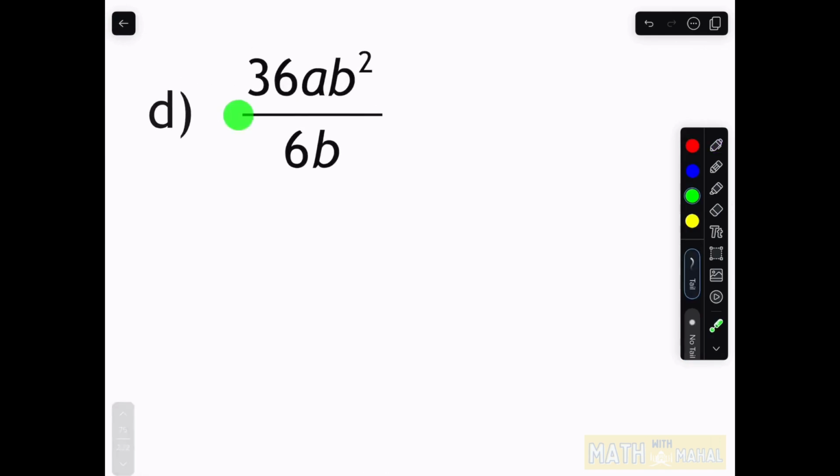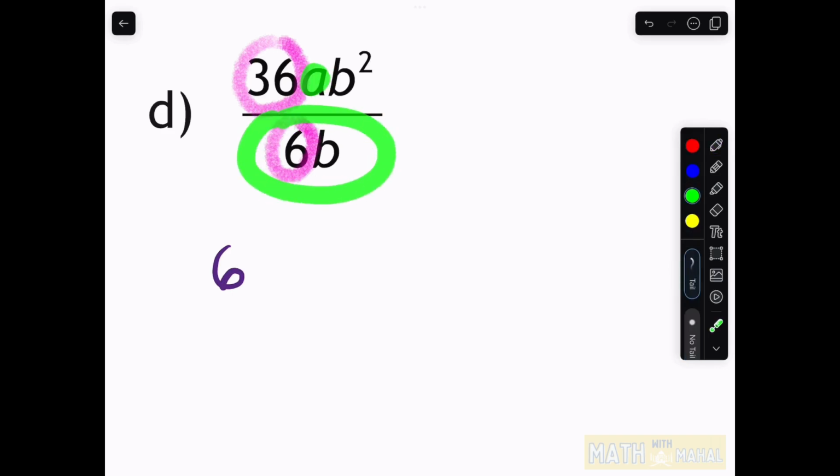All right, D is division. So we've got that line, that fraction bar, which is just a fancy way of saying dividing. So we're going to go ahead and look at our numbers. 36 divided by 6 will just be 6. The a here has nothing at the bottom that we can divide it by, so it's just going to stay next to that 6.